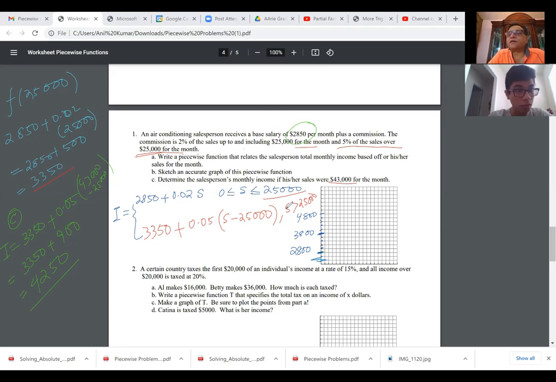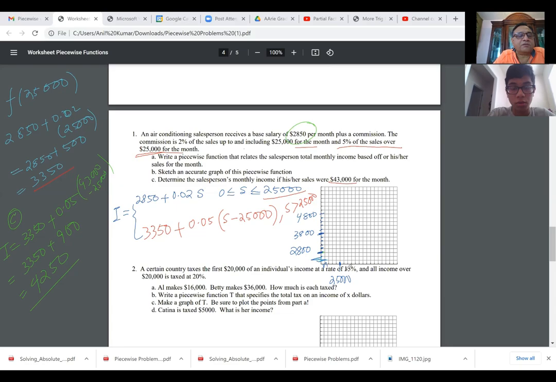I'm just making a rough scale. So what we get here is, on this side we have to put the sales, which is 25,000 to 43,000. So let's put a break there also. Somewhere we can start with, let's say, 25,000.